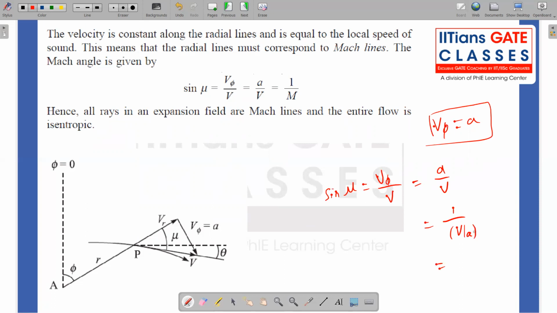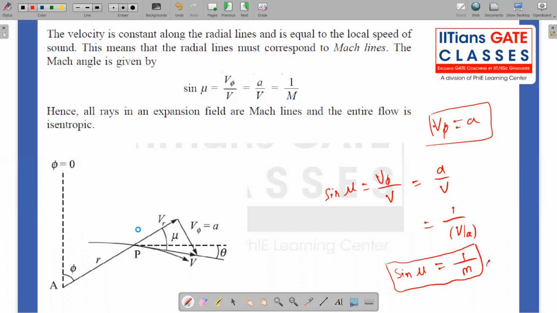This is nothing but the Mach number, right? 1 divided by Mach number. So this is the definition of a Mach angle we defined in the very beginning of the session, right? So that means this radial line is nothing but a Mach wave. So that's what we proved.